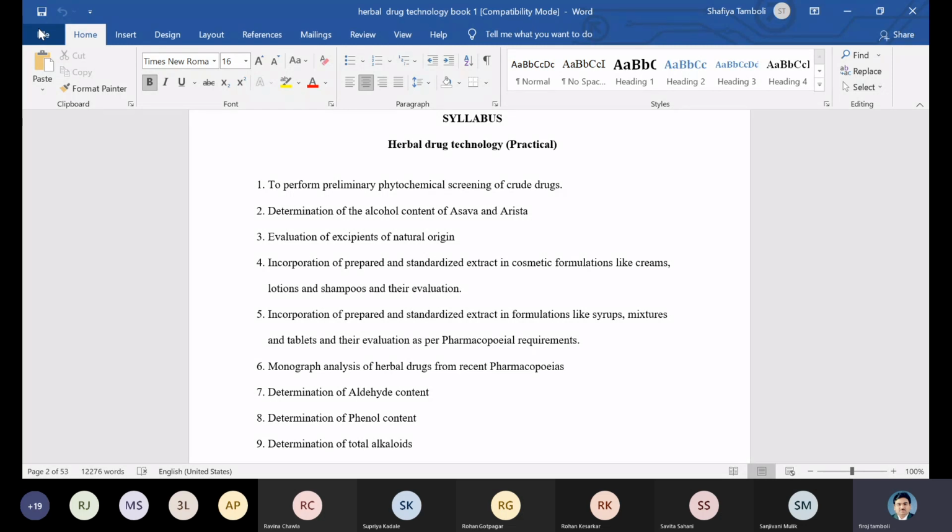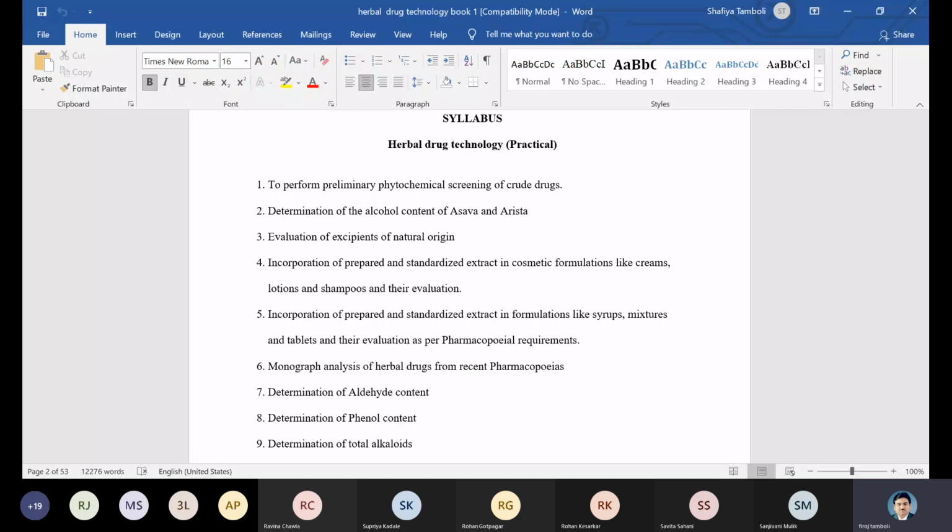After completing all these chemical tests, you recognize that your powder or plant material contains, suppose, flavonoids. Now you target the flavonoid contents. Then the collected plant material is subjected to large scale extraction.